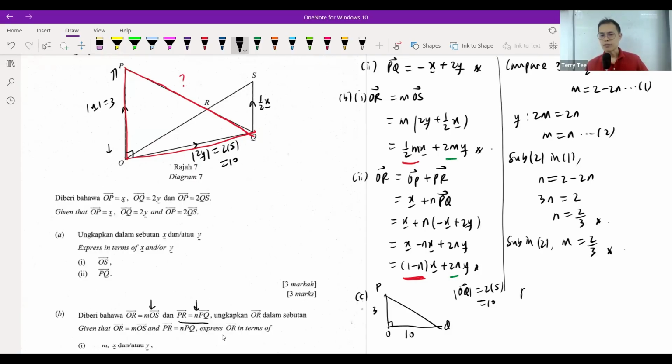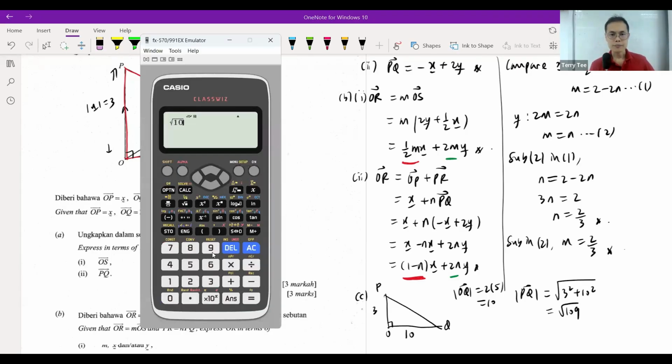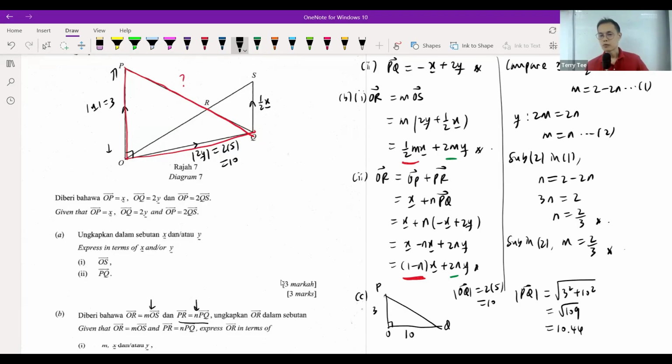To find magnitude PQ, we take 3 squared plus 10 squared, square root. This is square root of 109. Use your calculator, square root of 109 is 10.44. This is 10.44 units.